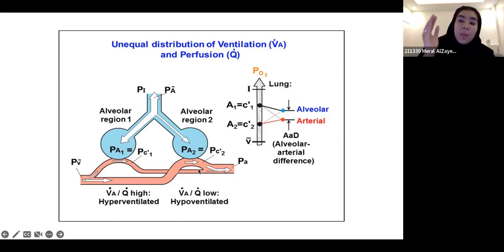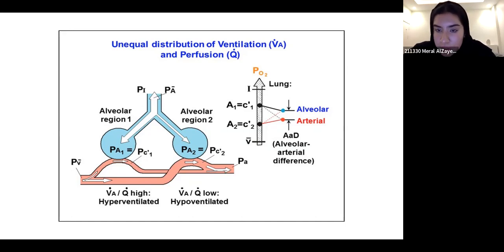So the partial pressure in our body will be somewhere in between partial pressure of alveolar 1 and 2. However, it will be closer to 1. Why? It's because that's where most of the gas comes from.